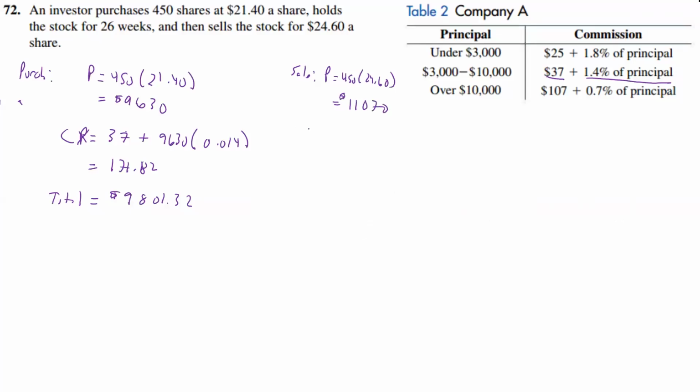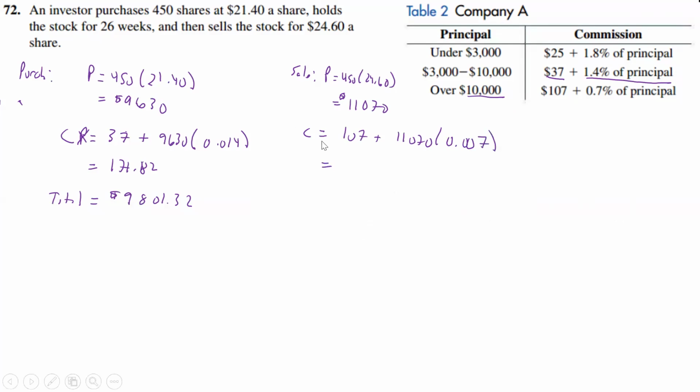Now, what's our commission going to be? Well, it's over 10,000, so it's going to be 107 plus 11,070 times 0.007.